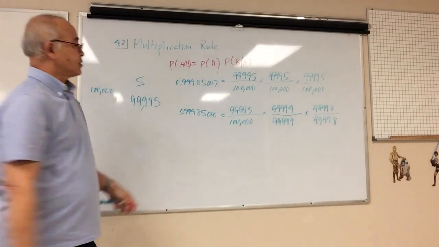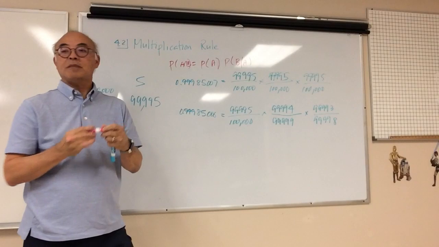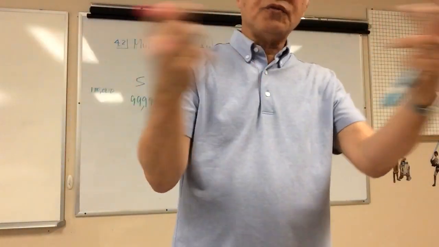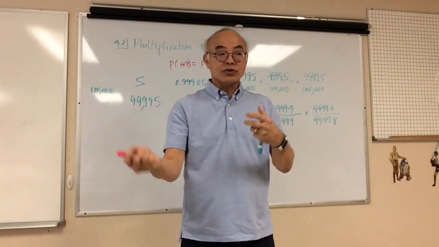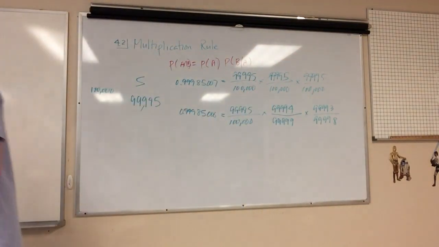All right? This is the formula. Now we talked about independent versus dependent, which is totally different than mutually exclusive. Okay? We all remember this? All right, okay, we're good.